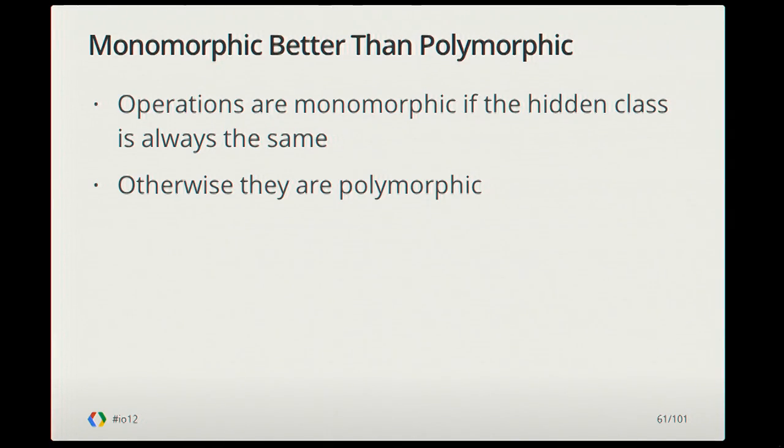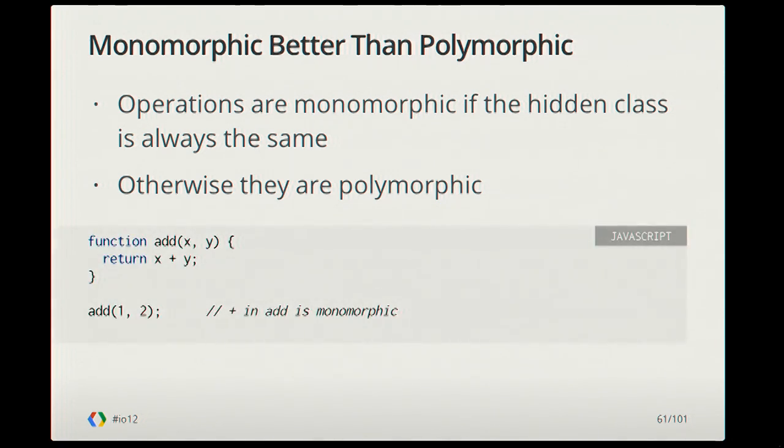And it turns out that monomorphic operations are easier to optimize, or the code that we generate is better than for polymorphic operations. So here's an example. Let's say we have a function add that adds two things. If I call that with two integer arguments, it's monomorphic. However, if I call it again with two string arguments, I use the same plus operation to work both on integers and on strings.